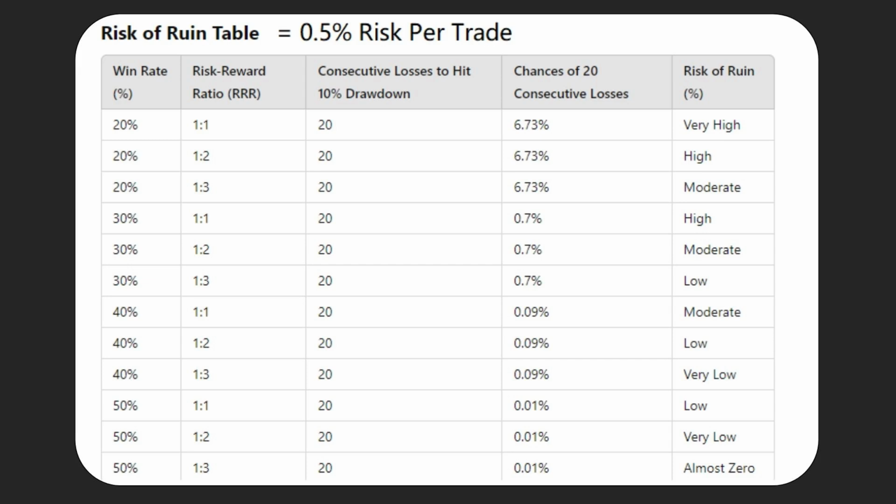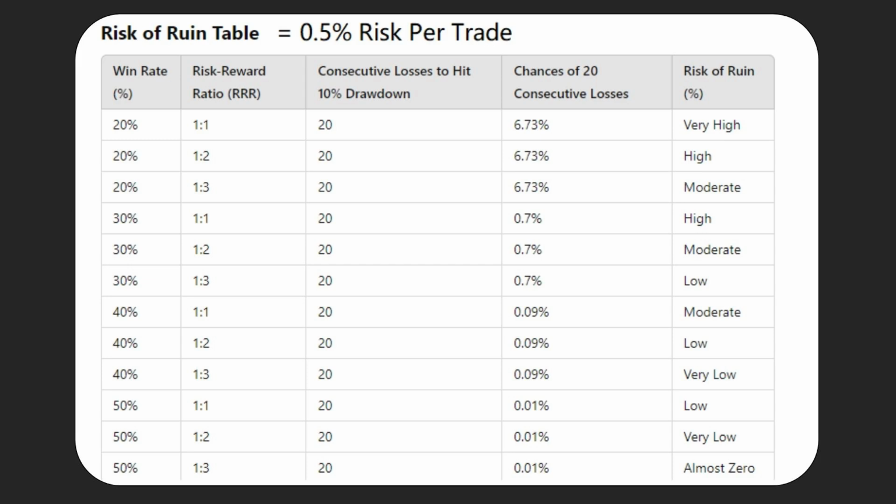That's why you must always adopt a strategy where the combination of the win rate and the risk reward ratio offers you a risk of ruin percentage lower than 50%, or in the low section. Only then will you be able to win in the long run.